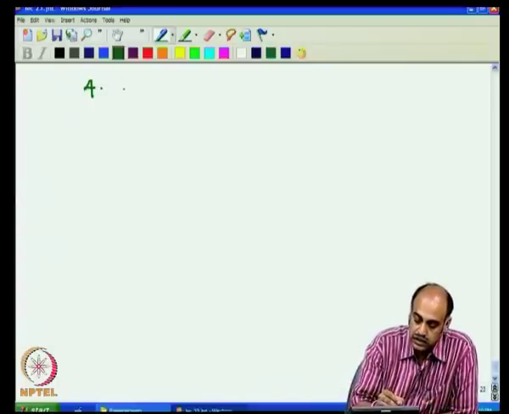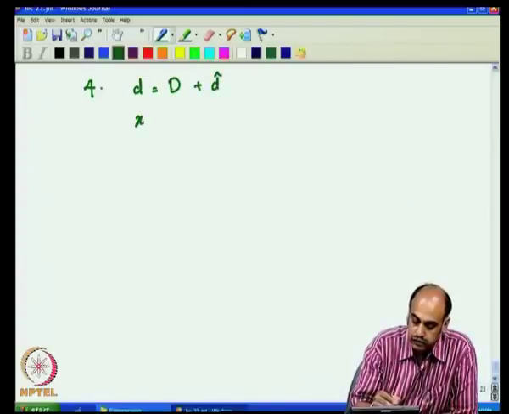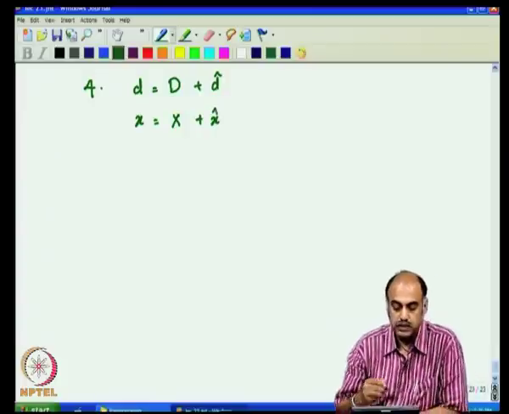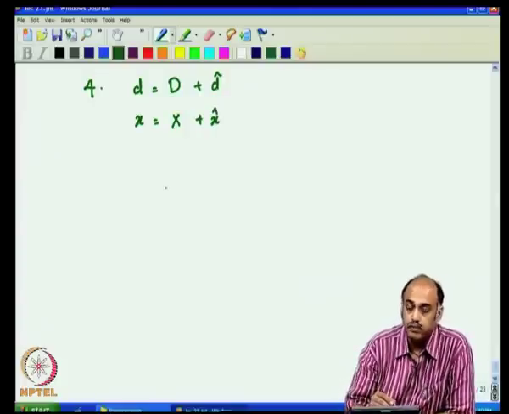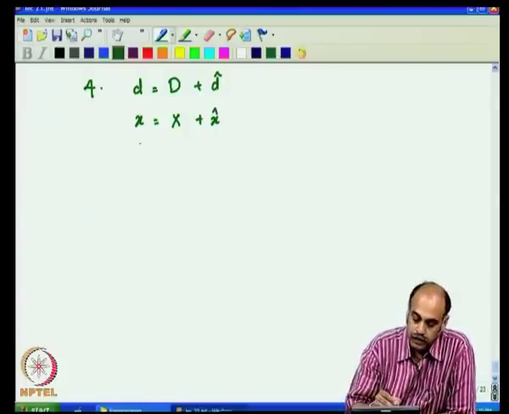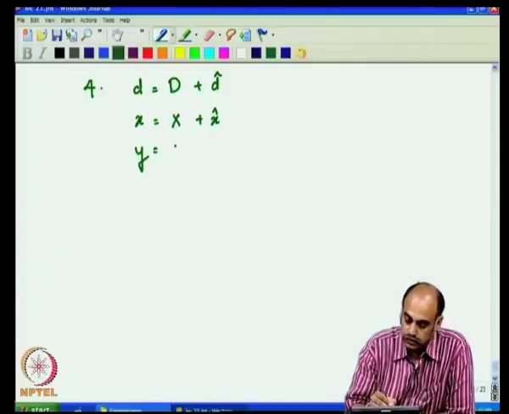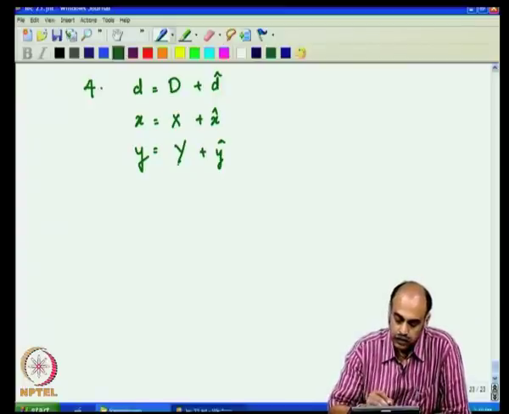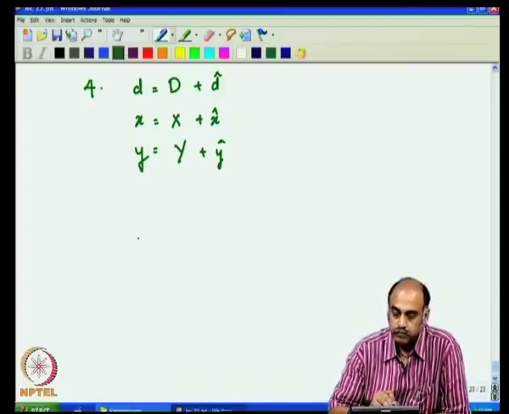the average large signal model is split. Every variable has a steady state term and a small signal term, a small signal variation in the neighborhood of the operating point. So, this average large signal model is split up with these.